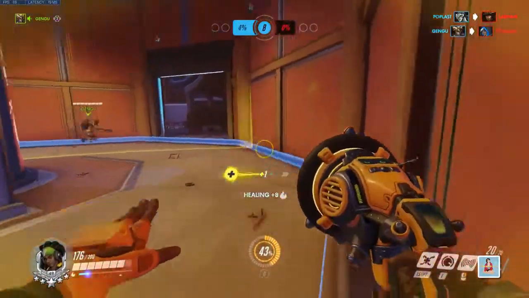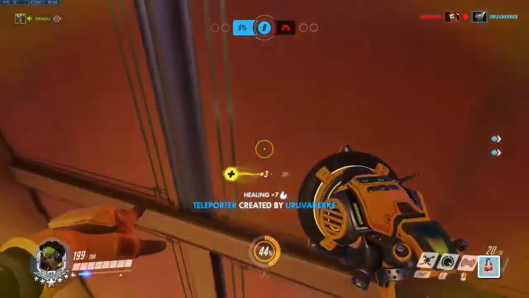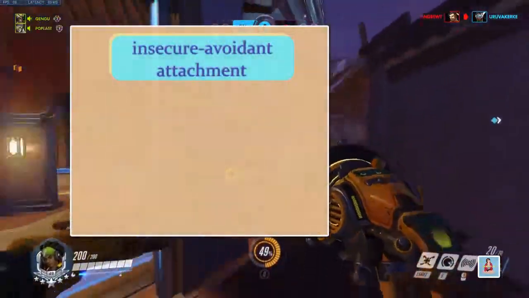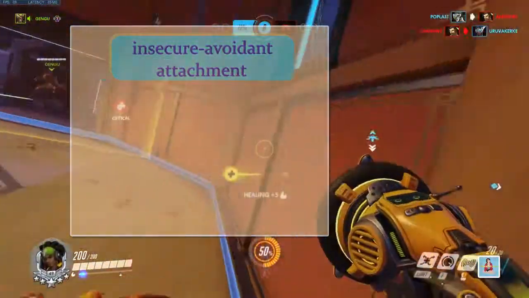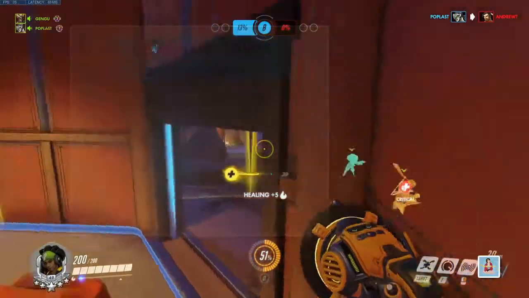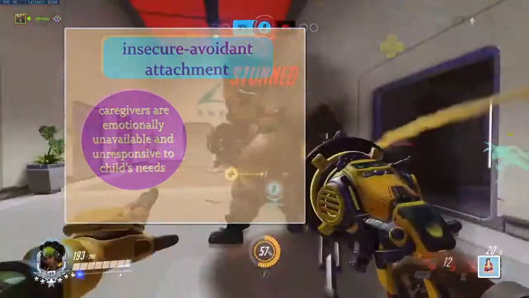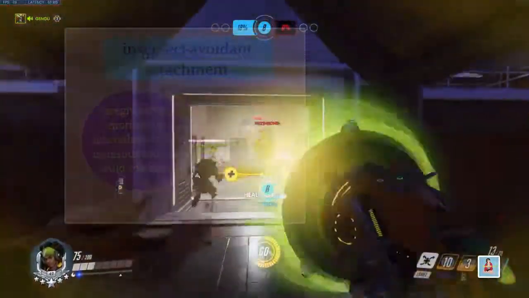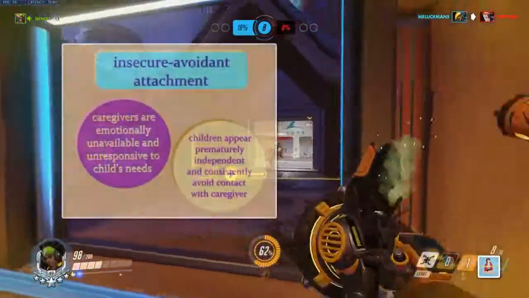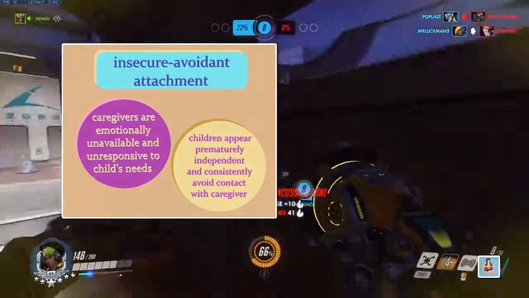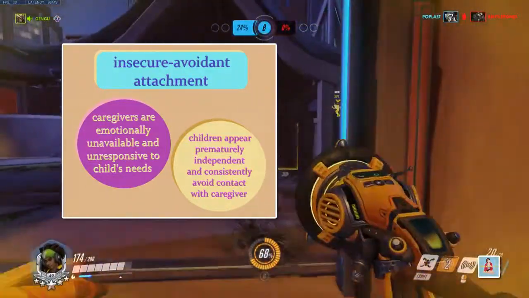Alright, so first attachment style we will be talking about today is insecure avoidant attachment style. And this is where caregivers are emotionally unavailable and unresponsive to child's needs, and children appear prematurely independent and consistently avoid contact with the caregiver.